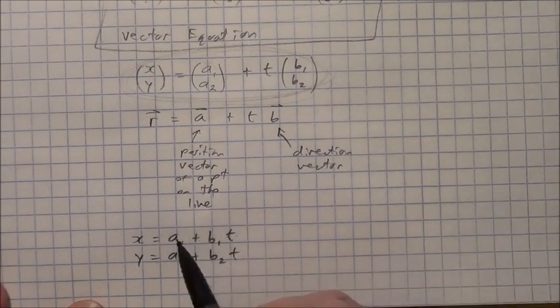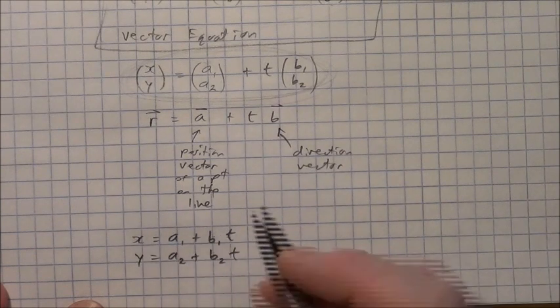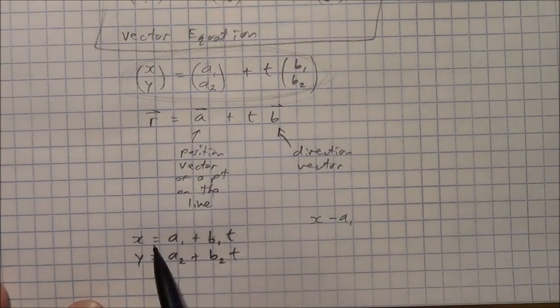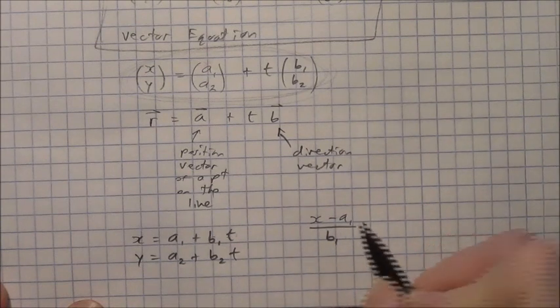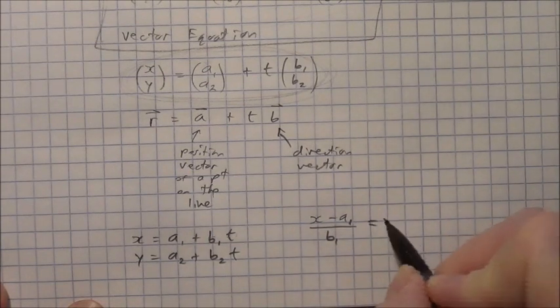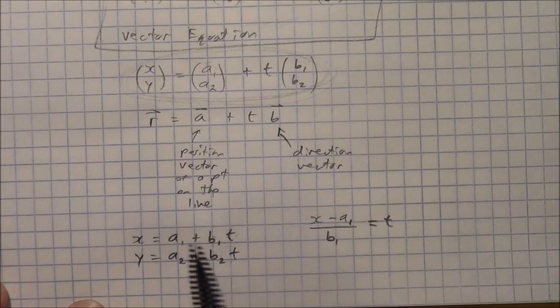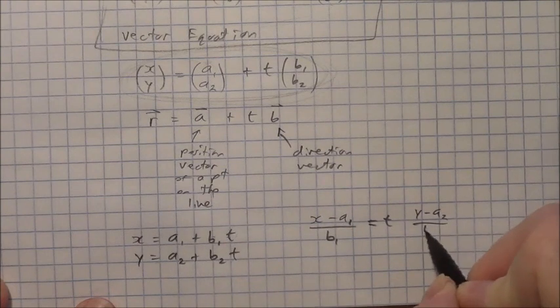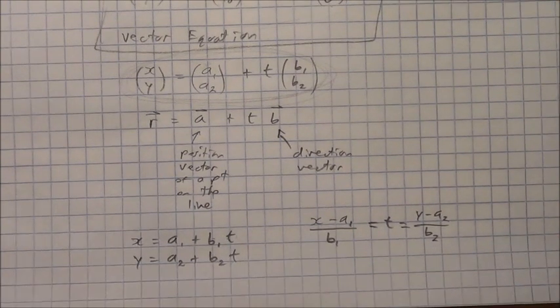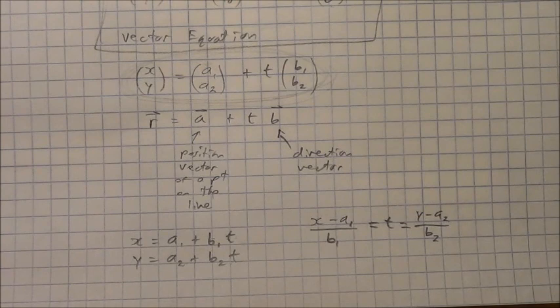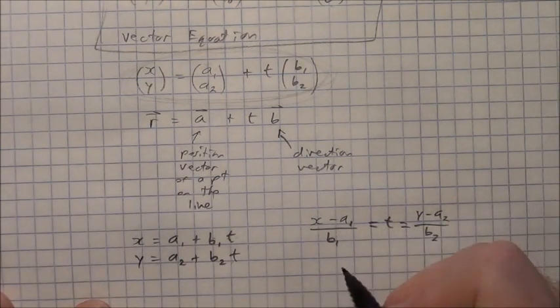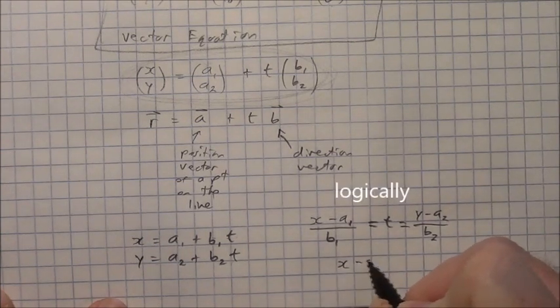In this case, we subtract a1 from both sides, so x minus a1 equals b1 times t. We divide both sides by b1, so we get x minus a1 over b1 equals t. If I do the same thing here, we get y minus a2 over b2, and that also equals t. So we can write it like that, or we can eliminate the t itself, because they both equal t, so they equal each other.